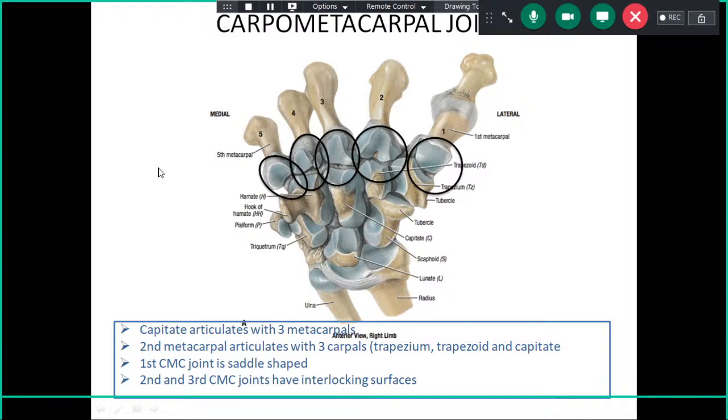So this is how the carpometacarpal joints are, again coming over to the carpometacarpal joints.